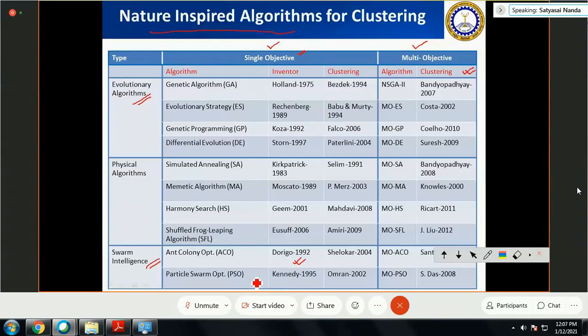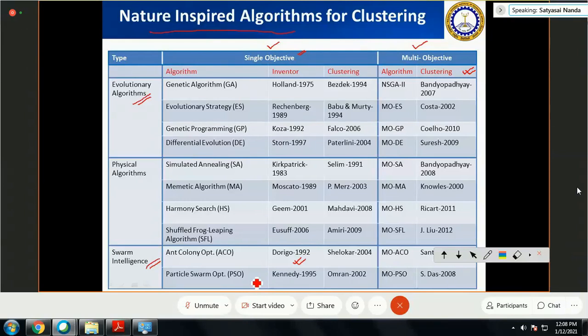Particle swarm optimization is another very popular algorithm, inspired by birds or fishes collecting food. Whenever you drop some food particles in the pond, the fishes communicate among themselves and try to grab the food. They move, they follow the leaders in that particular manner.